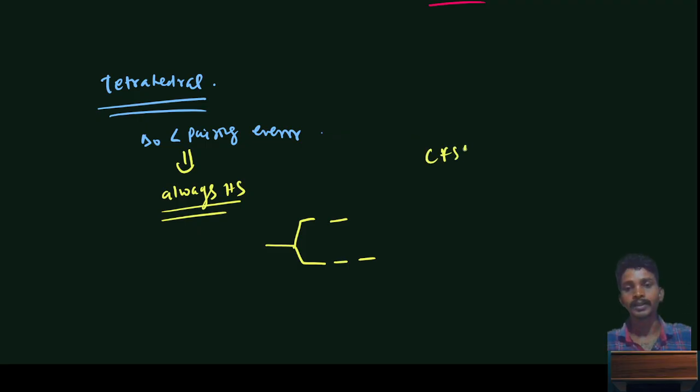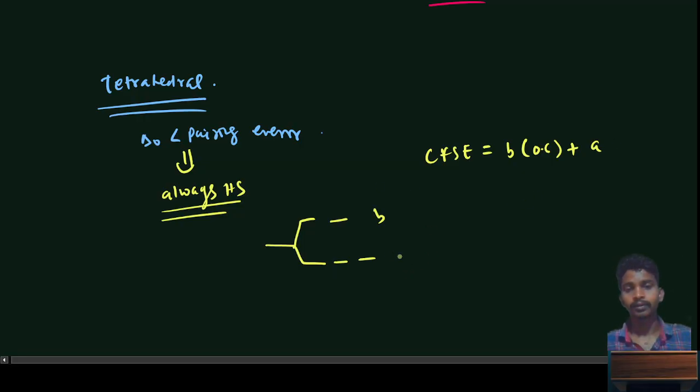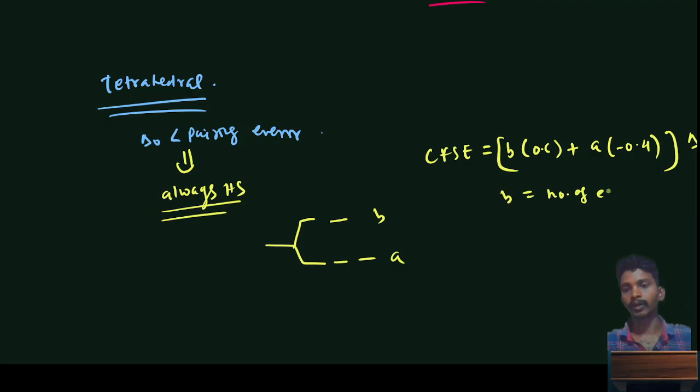So here the CFSE is always, let's say, B times 0.6 plus A times minus 0.4, where this is delta T, and B is the number of electrons in axial orbitals, and A is the number of electrons in non-axial orbitals.